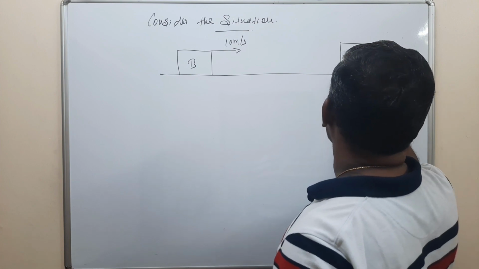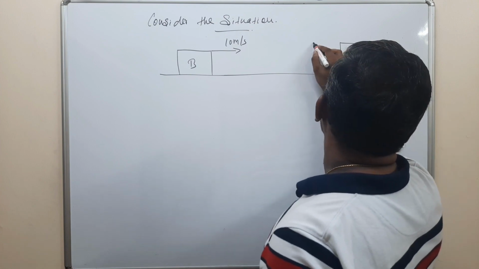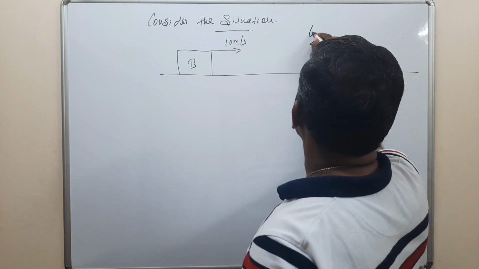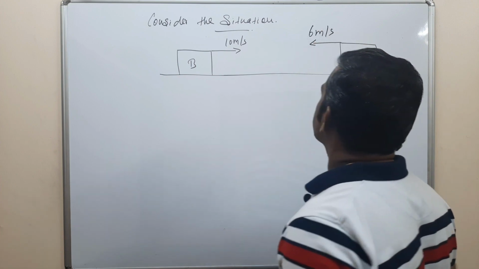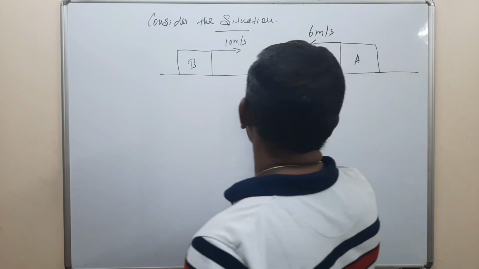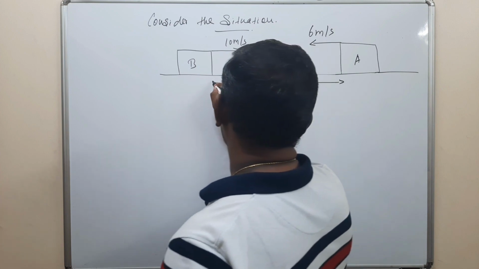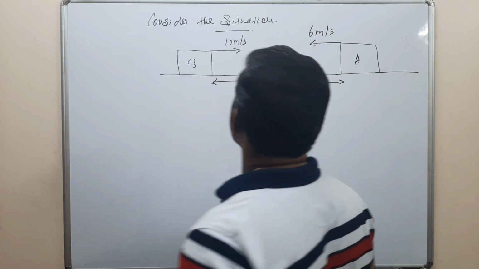So this is a car A. That is 6 meter per second. So 96 meter.